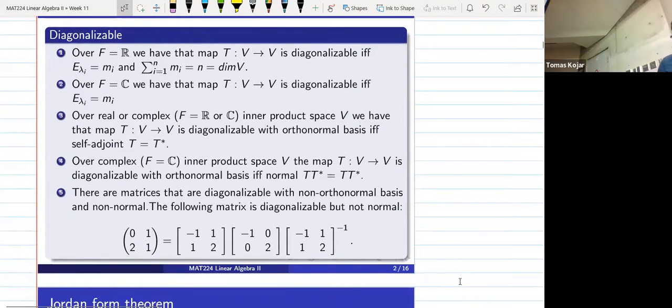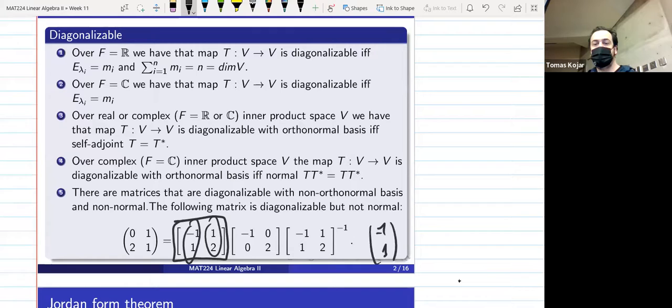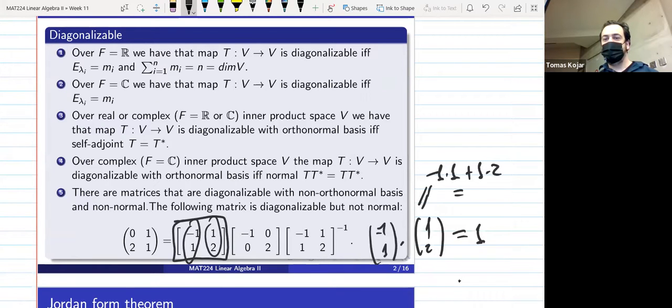So if you compute the eigenvalues and eigenvectors, you can diagonalize it. But the problem is these two vectors here are not orthonormal. Okay, so (-1, 1) dotted with (1, 2): -1 times 1 plus 1 times 2 is equal to 1.